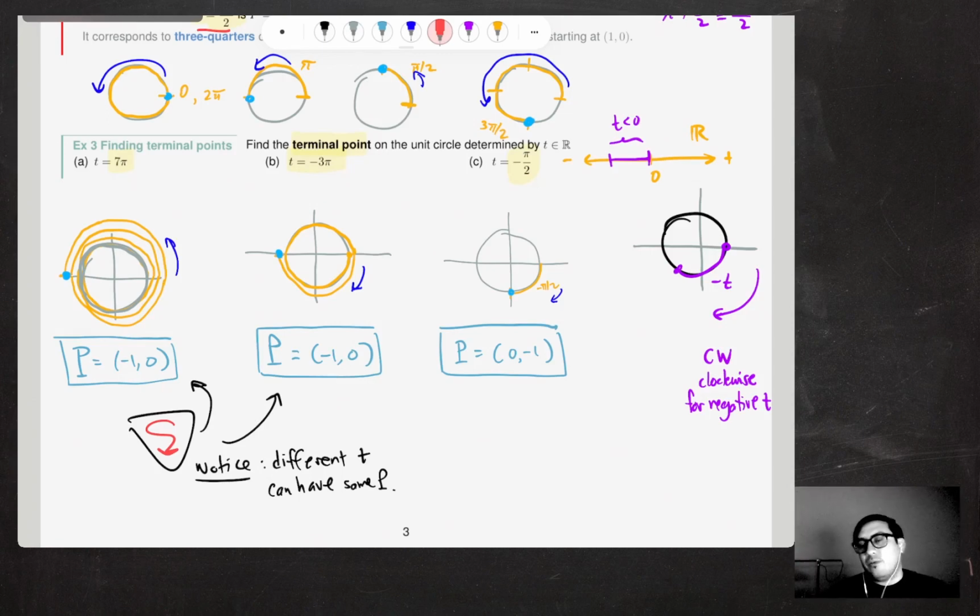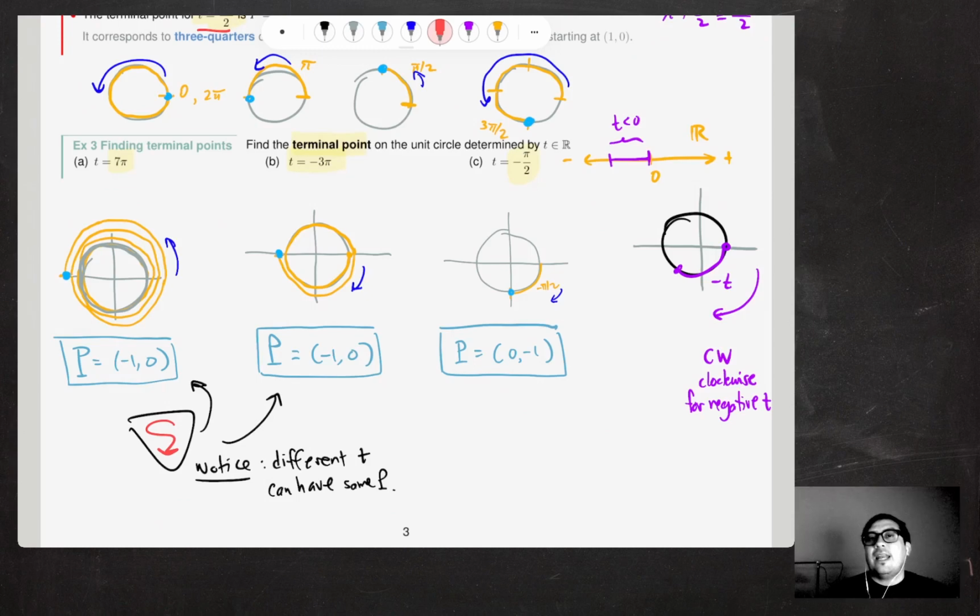I'm just doing some stylistic drawing so that you can count the number of wraps. Negative 3 pi is I'm going to do 3 half turns, 1, 2, 3, but in the negative direction. And notice I end up at the same location. This is something that we're going to encounter, so that's what makes trigonometry a little bit challenging.